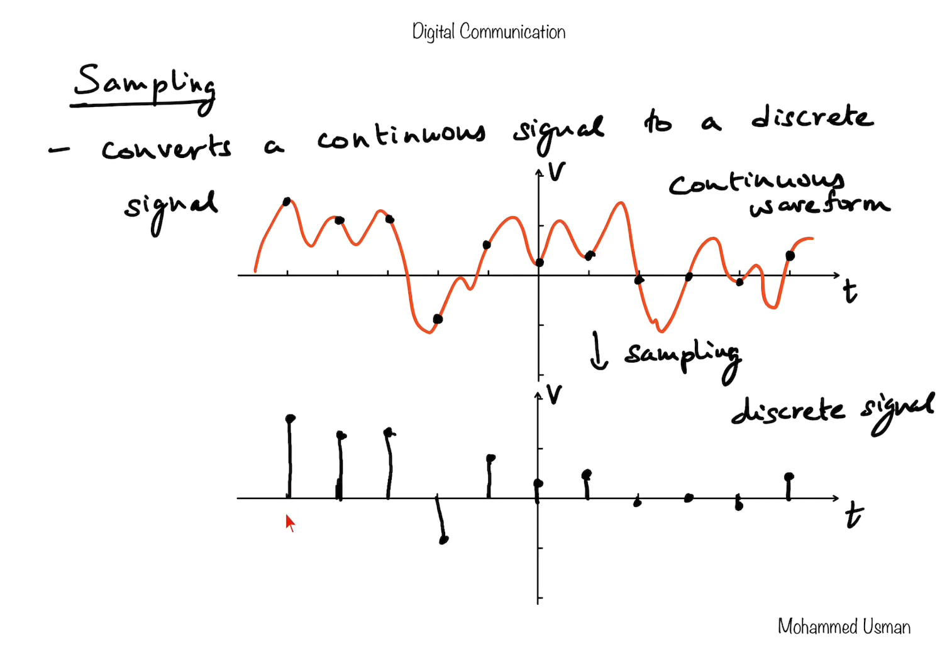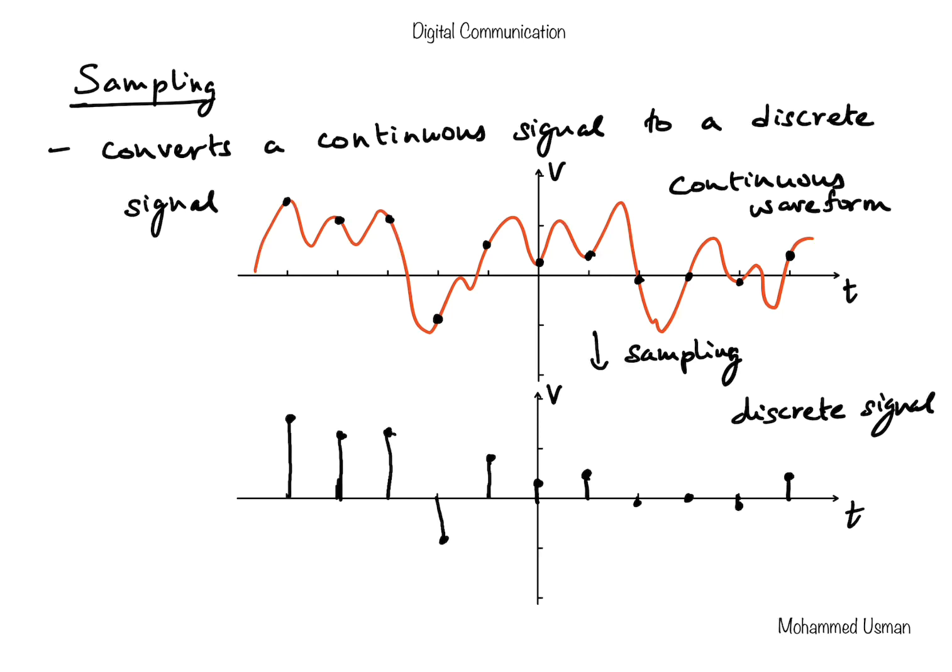It is defined at this instant, which is the sampling instant. It is defined at the next sampling instant and the next sampling instant, and so on and so forth. In between the sampling instances, the signal is not defined. So that is basically discretization of the time axis.